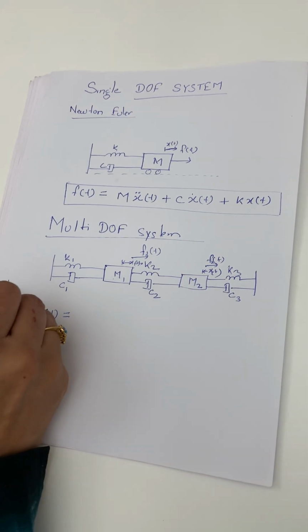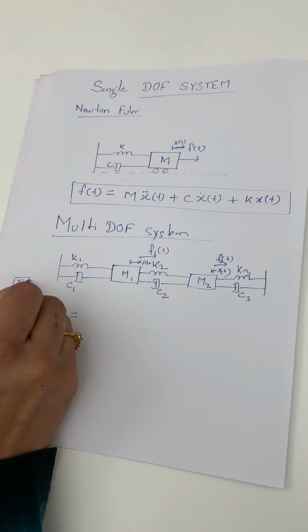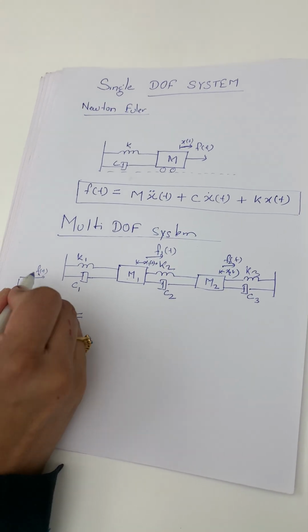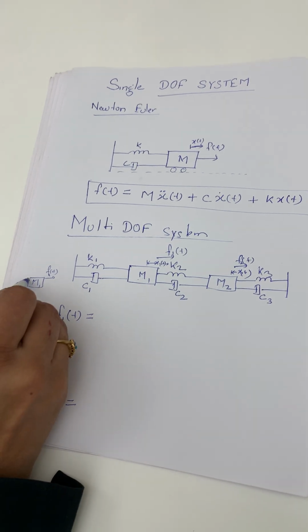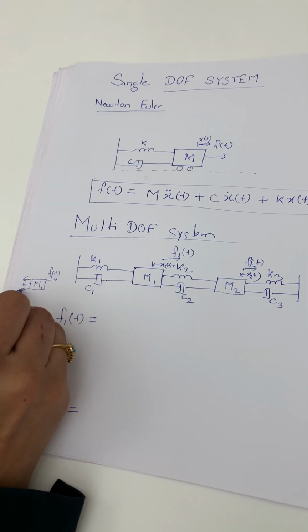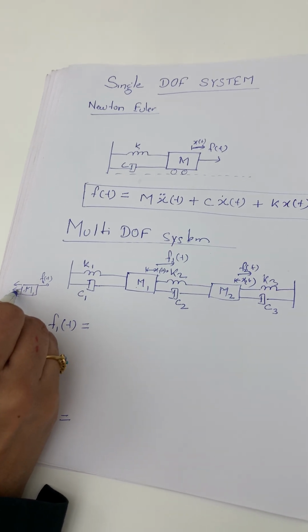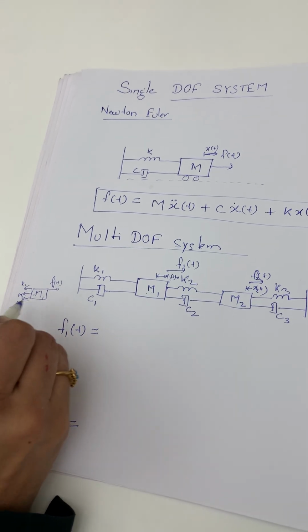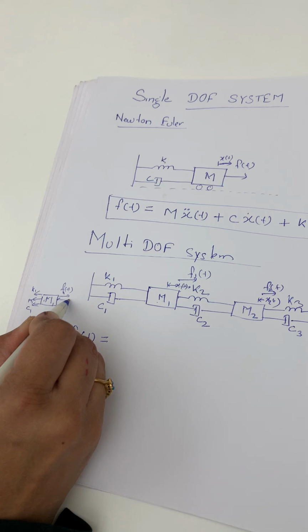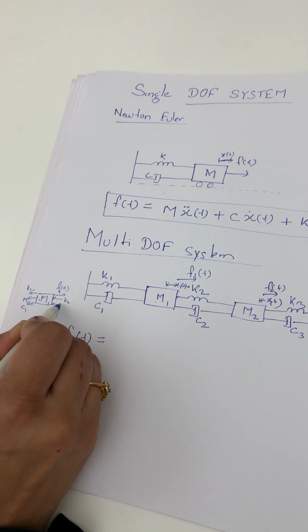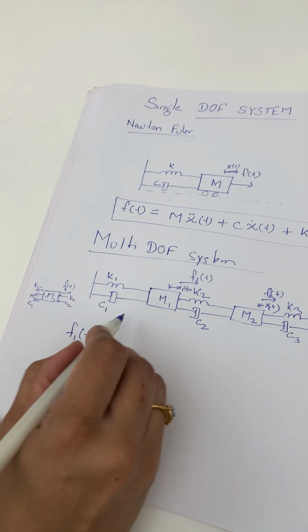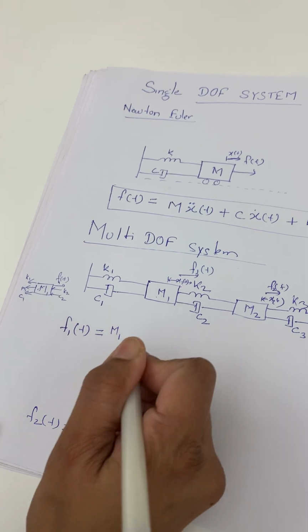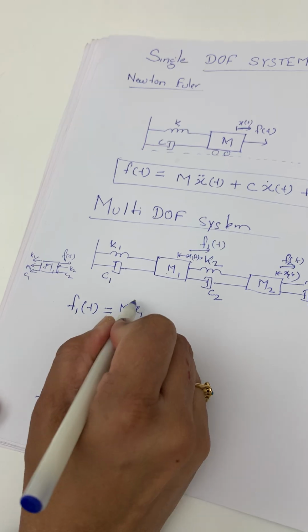So in the free body diagram, you can make M1, with F1(t) on this side, and all the forces: one is the inertial force due to M1, one due to the spring K1, due to C1, the other force due to K2, and the other due to C2. Okay, so how will we write it? We will write M1 x1 double dot.